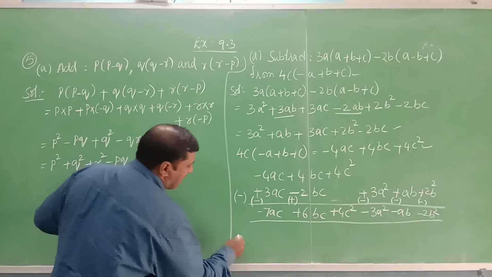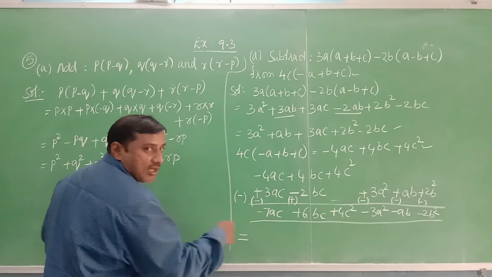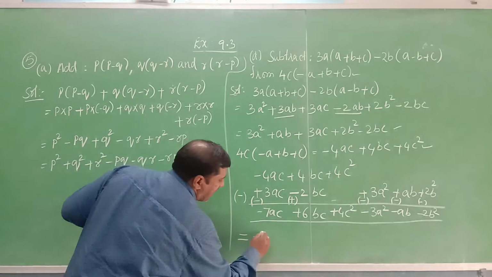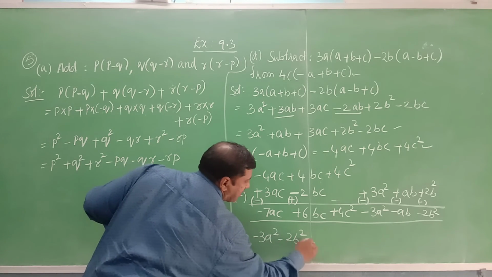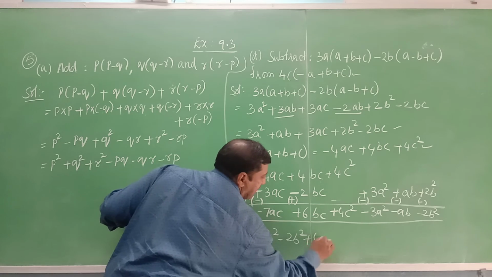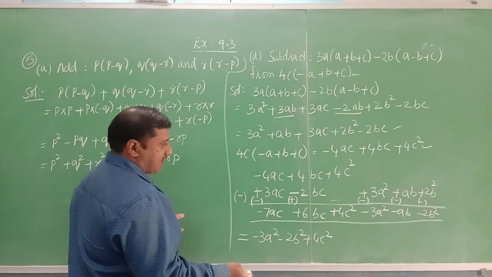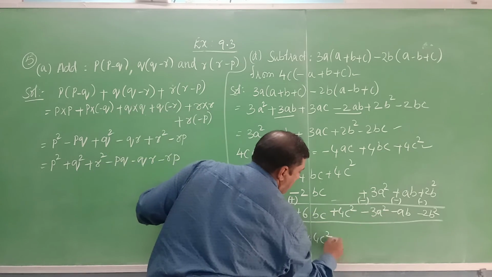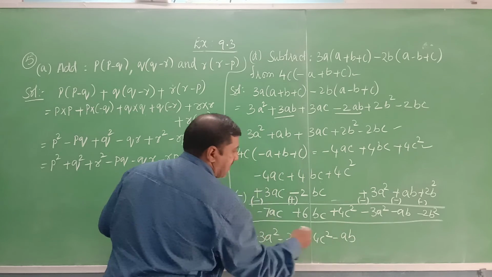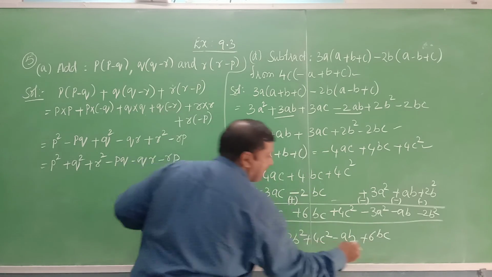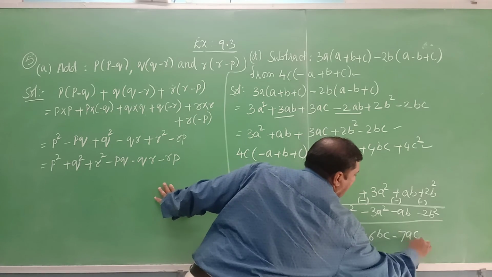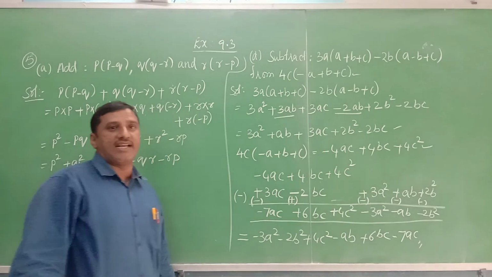If we regroup the terms: minus 3a square, minus 2b square, plus 4c square, minus ab, plus 6bc, then minus 7ac. This is the final result.